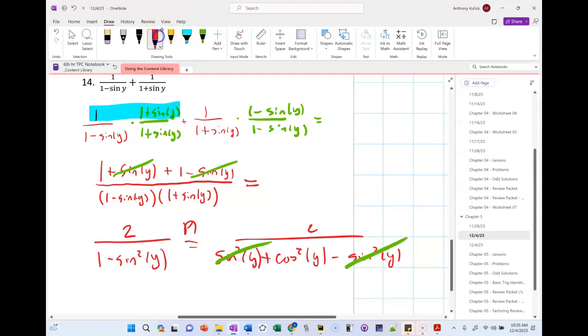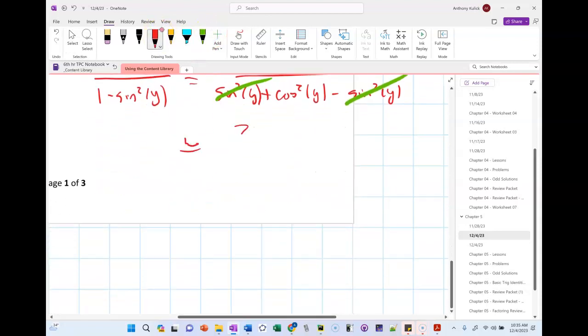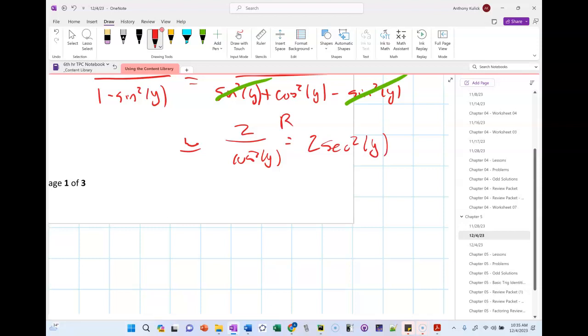Cancel or combine the like terms there. I'm left with 2 over cosine squared, which turns into 2 secant squared using, what is that, R5. And there I'm done.